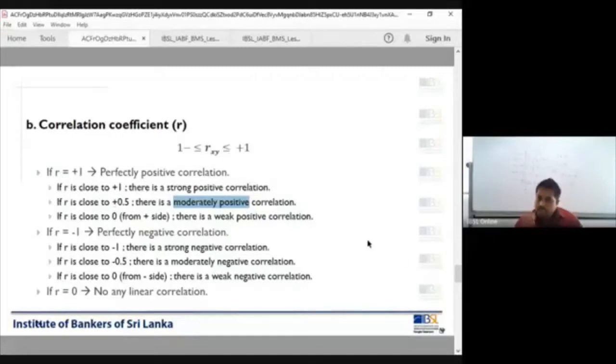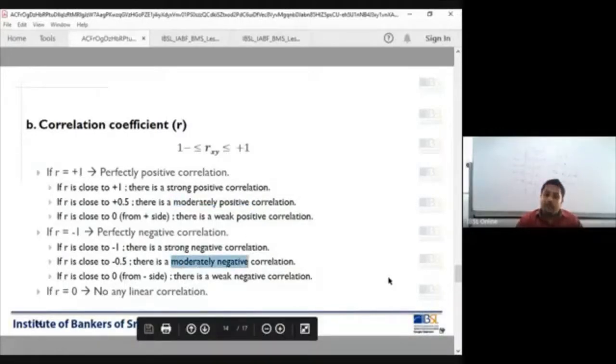Does it have to be exactly plus 0.5? It doesn't necessarily have to be. It should be close to plus 0.5. Let's say in an exam you have been given R of minus 0.49. Where are you going to plot that? It's close to the middle point on the negative side. So you could denote that it is a moderately negative correlation.